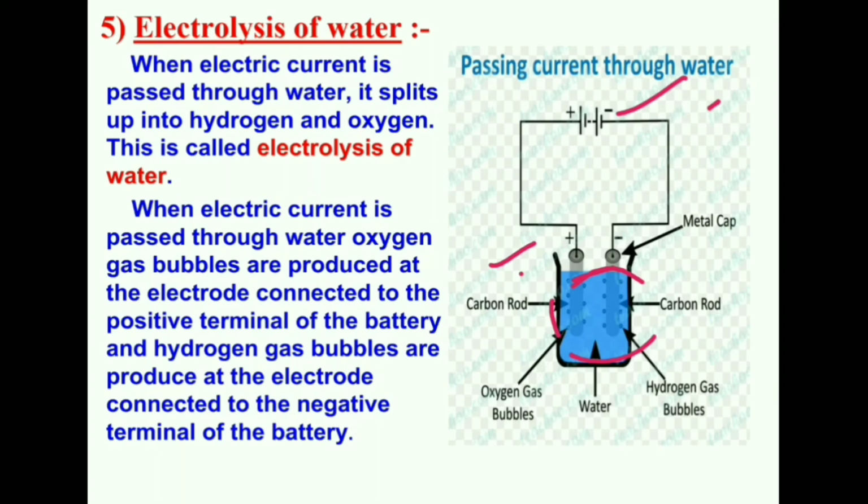So this was the process known as electrolysis of water. As the name suggests, electro means passing of electricity and lysis means breakdown. So breaking down of water on passing electricity is known as electrolysis of water.